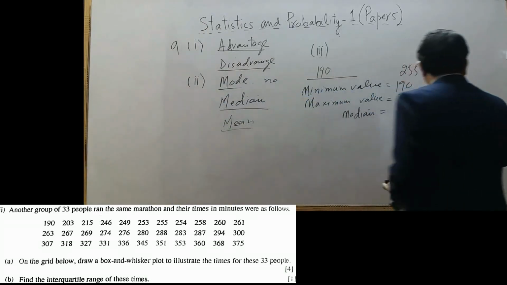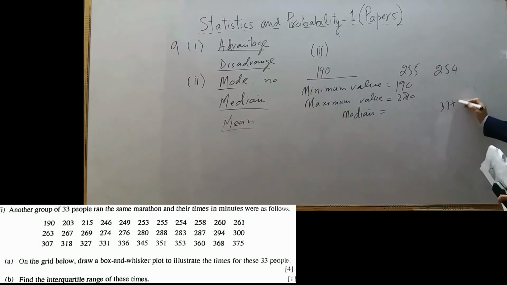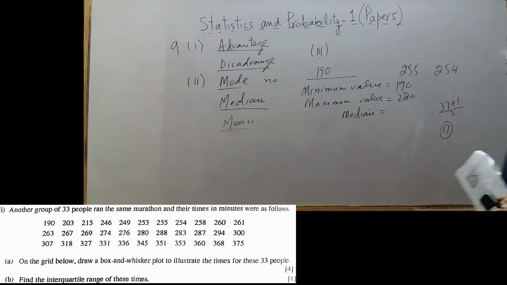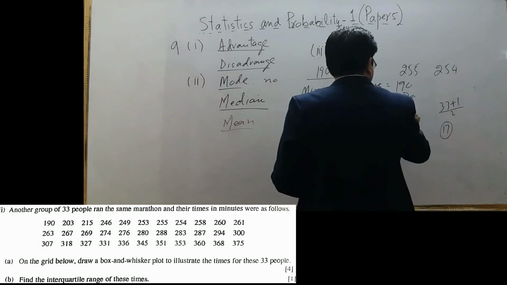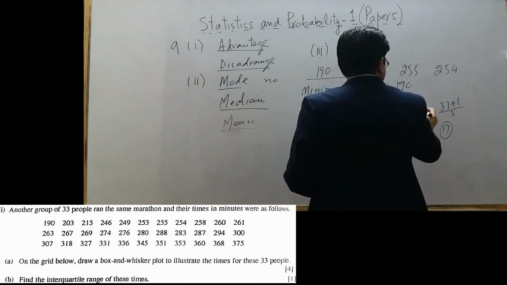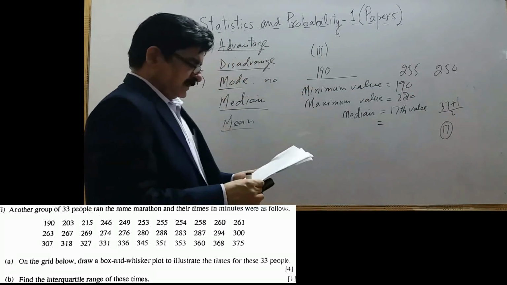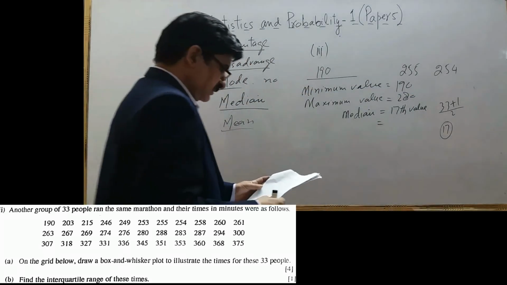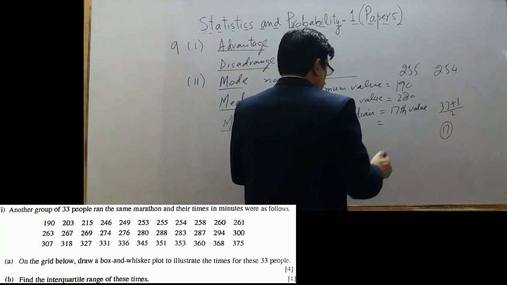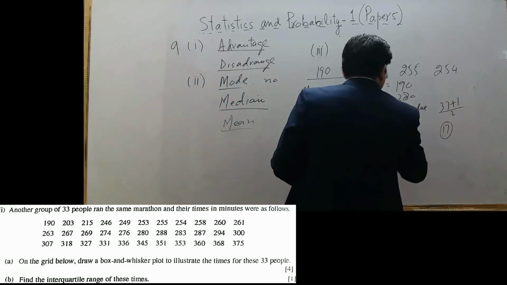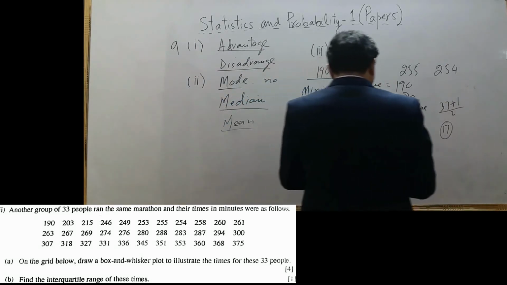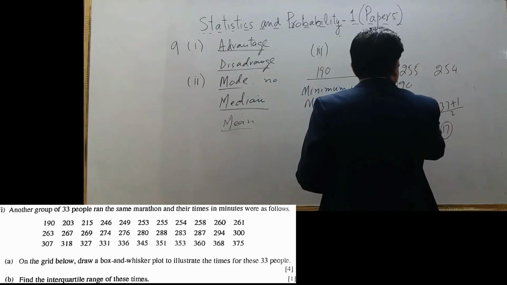So 33 values means you add 1 and it will be 34, and half of it will be 17. So the 17th value. So here the median is the 17th value. Now if you go through the data, the 17th value will be 280. Sorry, this is 375.